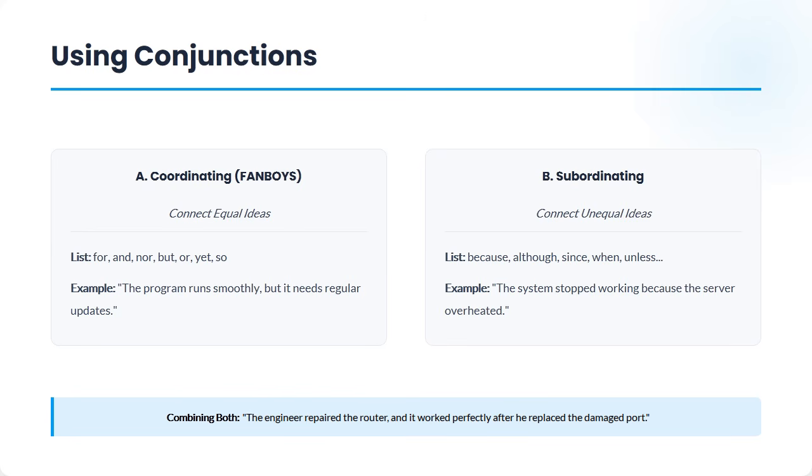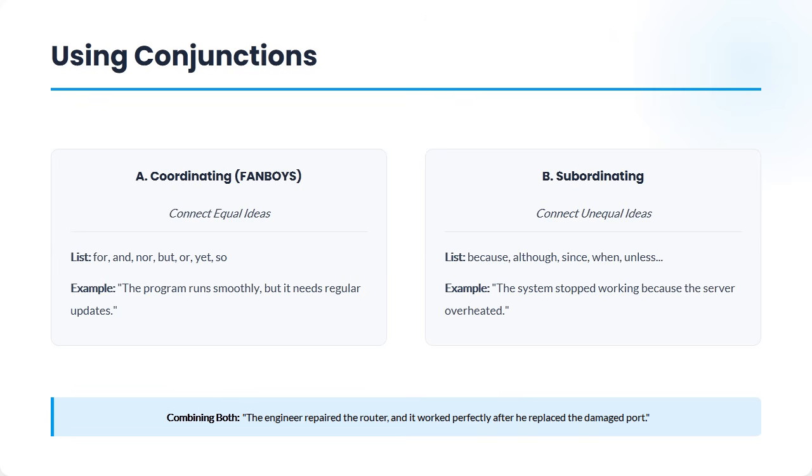Now a subordinating conjunction connects unequal ideas for reason, results, contrast, etc. The system stopped working because the server overheated.